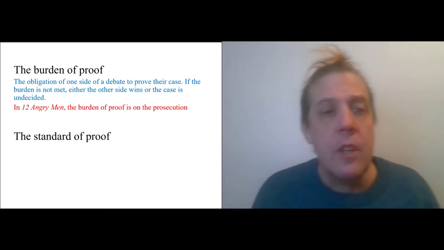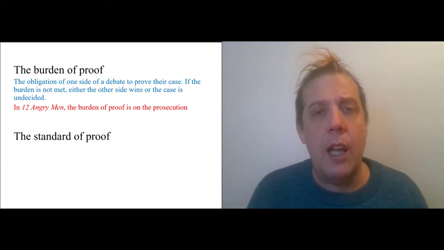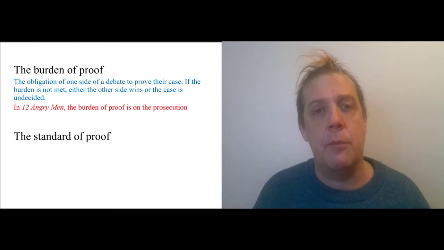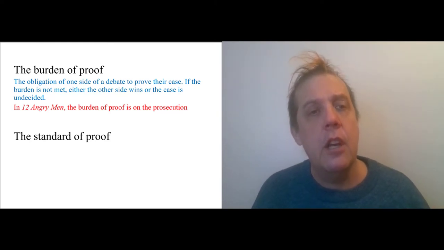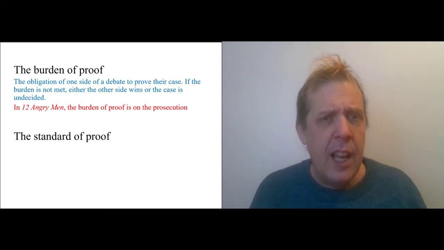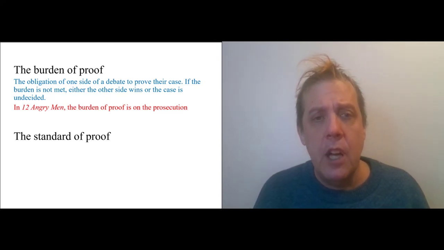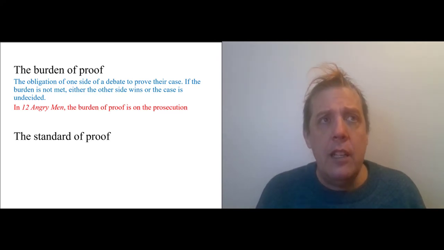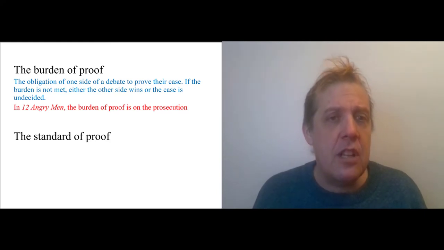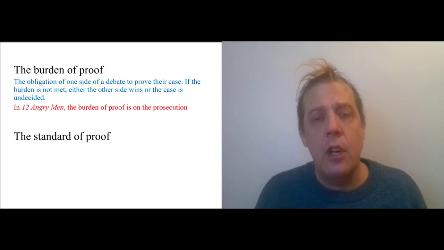So this is an easy enough concept to understand if you just keep your mind on the context of a criminal case. In a criminal case, we have innocent until proven guilty. That means that the burden of proof is on the prosecution. Now, what happens with the concept of burden of proof is that in other situations, it's not clear where the burden of proof is.